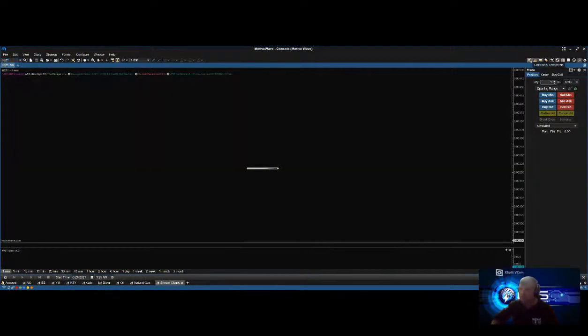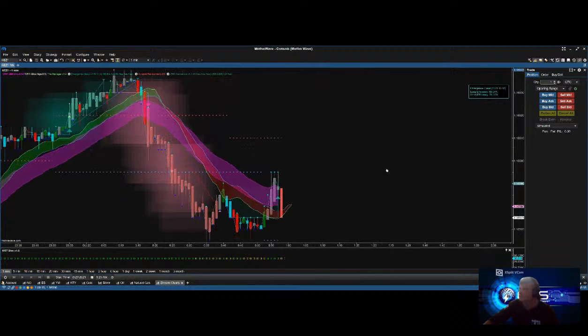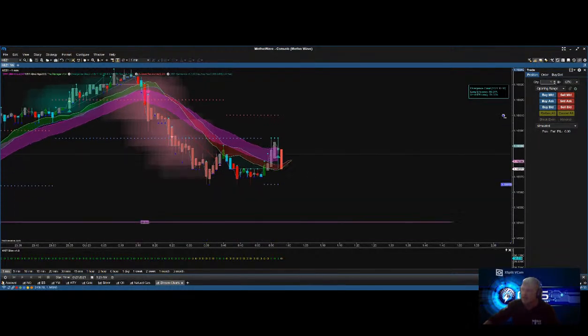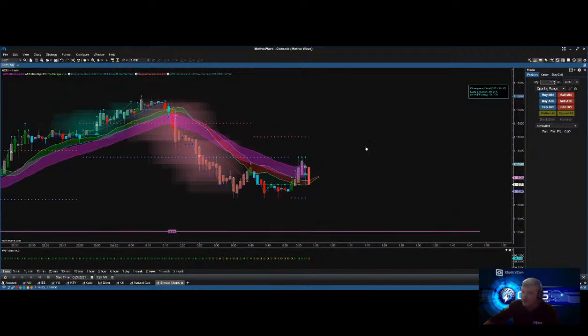And there we go. This is the euros. These are the euro futures right here. Now, I've not traded the forex.